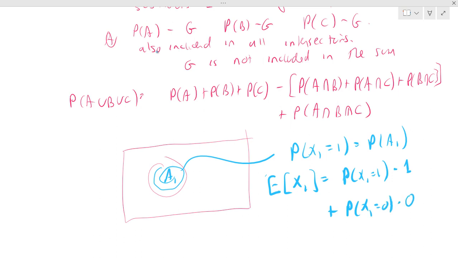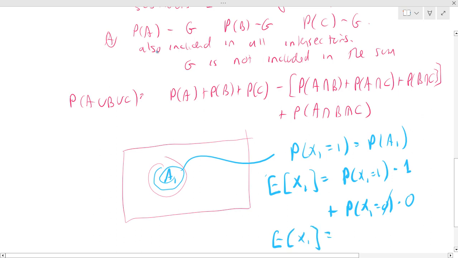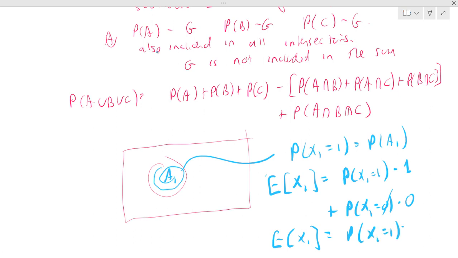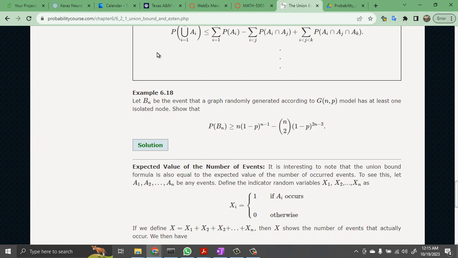Of course, this term goes away, so the expected value of X1 is equal to the probability that X1 equals 1, and that's simply equal to the probability of A1. All right, very nice way of relating expected values to probabilities, and we'll see that trick again.